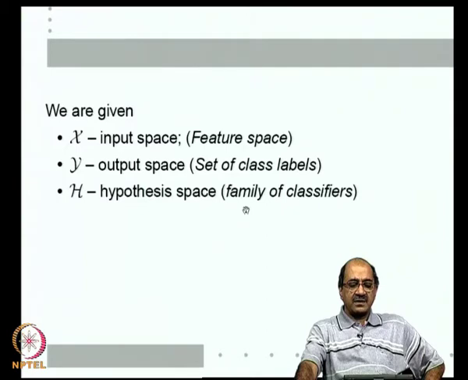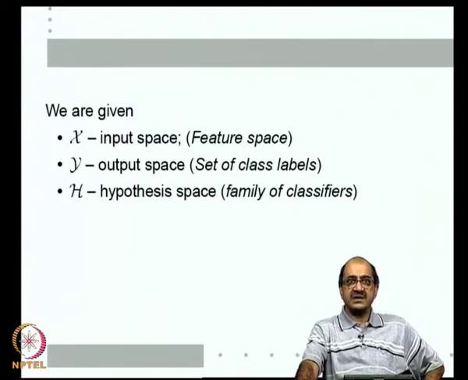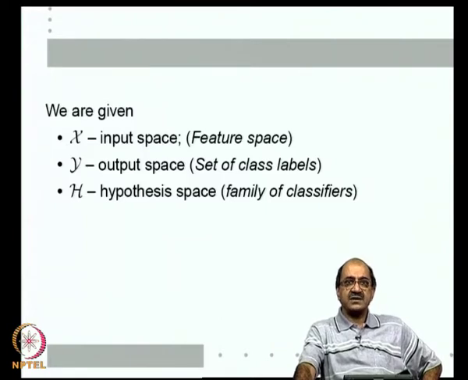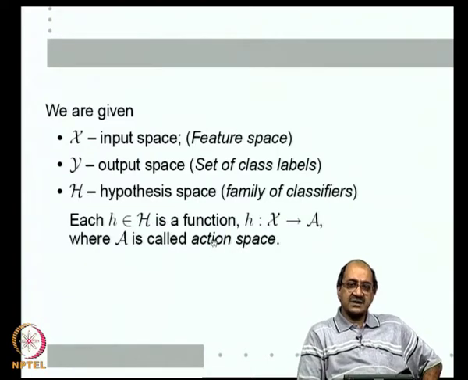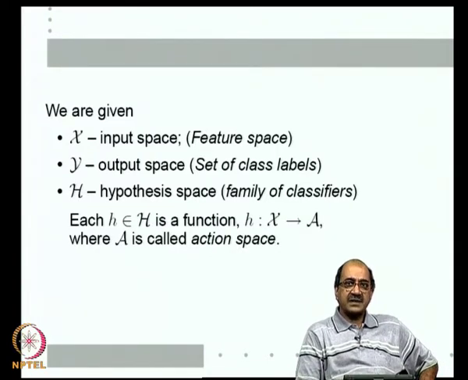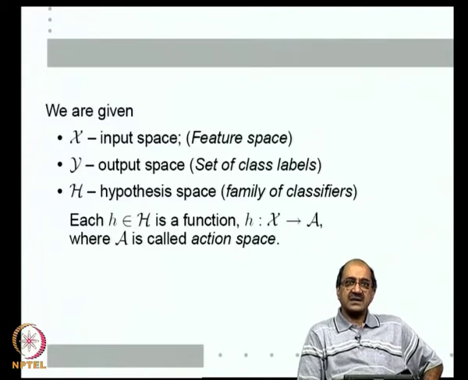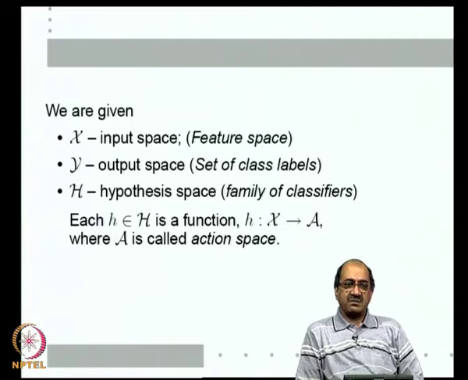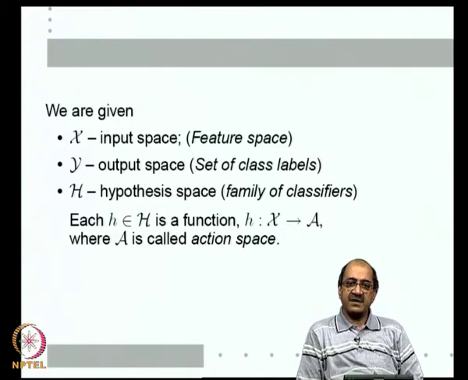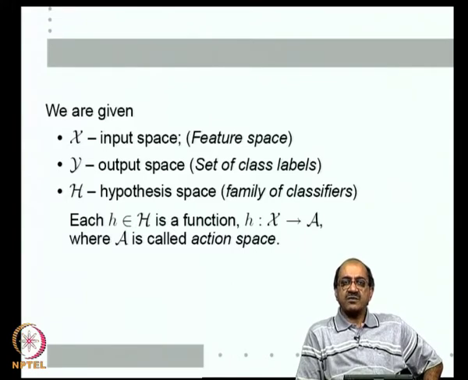Then the space of functions or classifiers over which we search is given the symbol script H, we call it the hypothesis space. In general, the hypothesis space consists of functions that map X to another set called A, the action space. This is so that learning binary valued classifier functions or discriminant functions can all be viewed in the same framework.